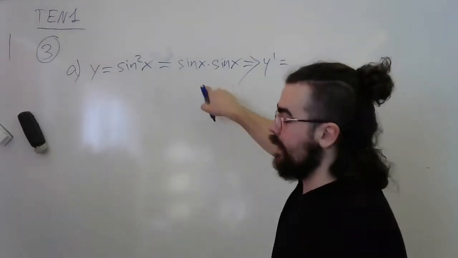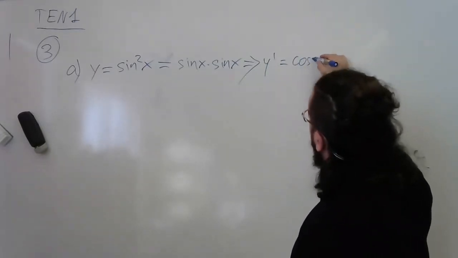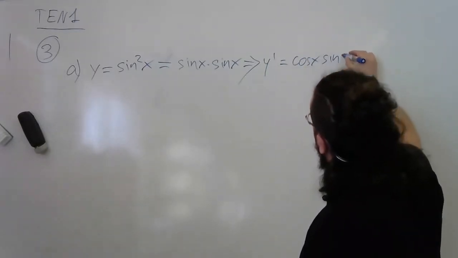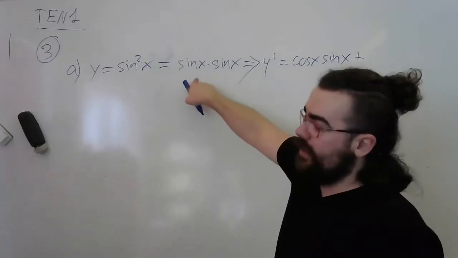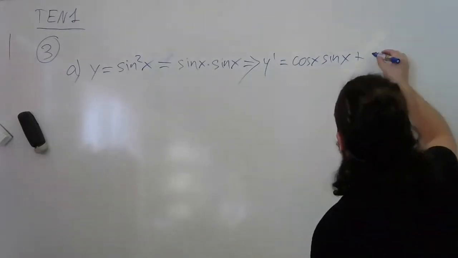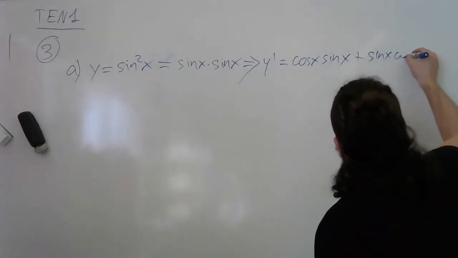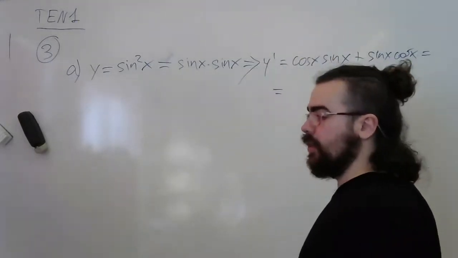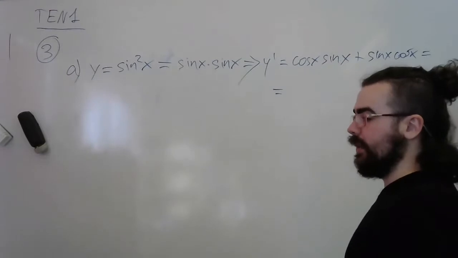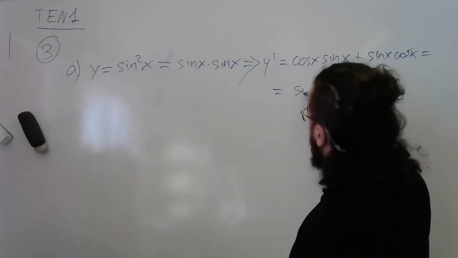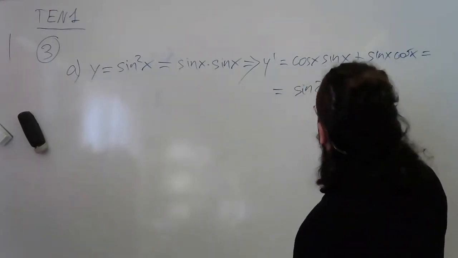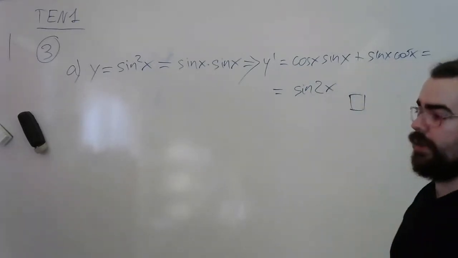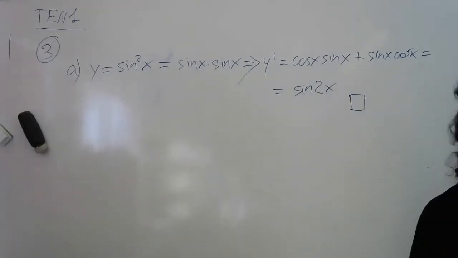Derivative of the first times the second underivated, cosine x, sine x, plus first underivated, derivative of the second, sine x, cosine x. And if you were paying attention when we talked about trigonometrics, this is nothing else than the sine of 2x. Although both solutions are fine.